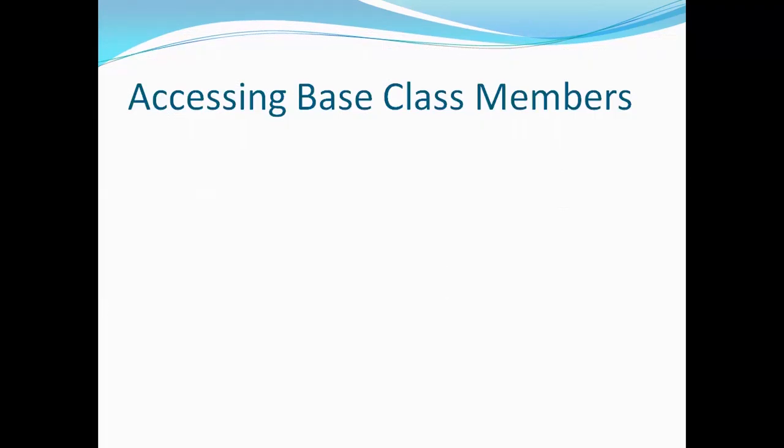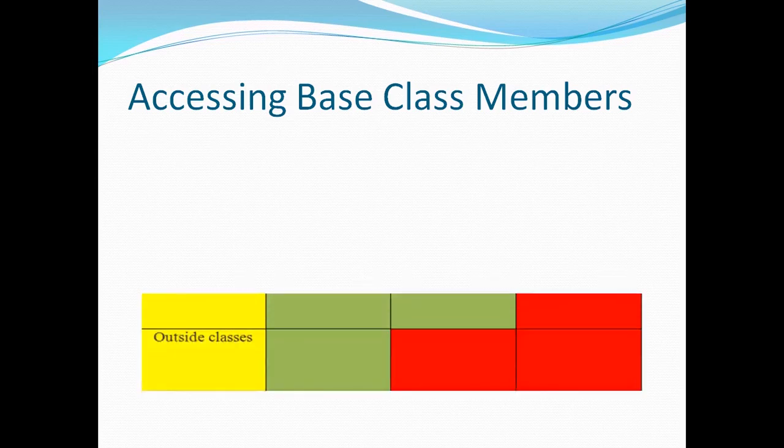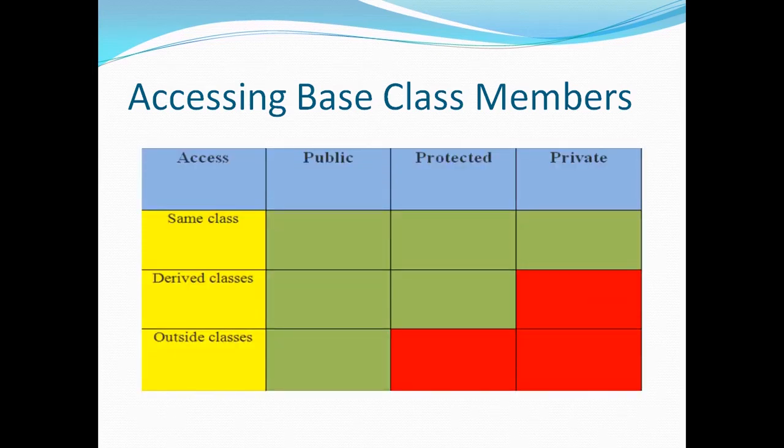Now, this concept is understood by a chart. In this chart, the row indicates the access specifier for members of the base class, and the column indicates the class which accesses the member of the base class according to the access specifier.